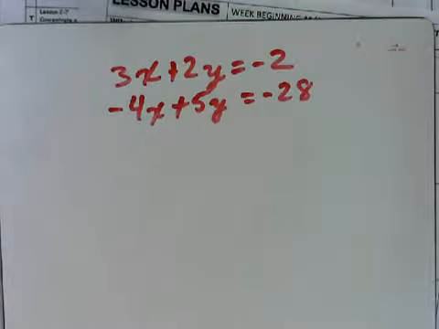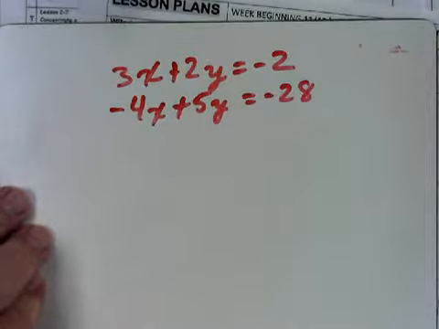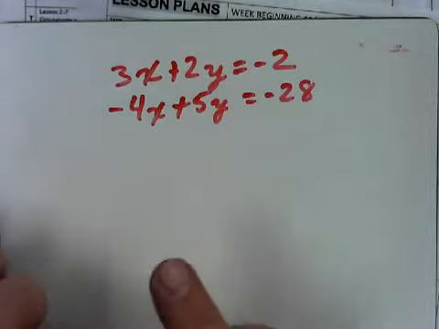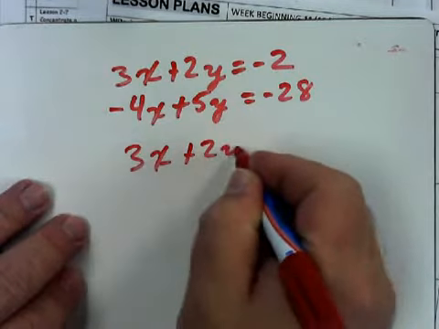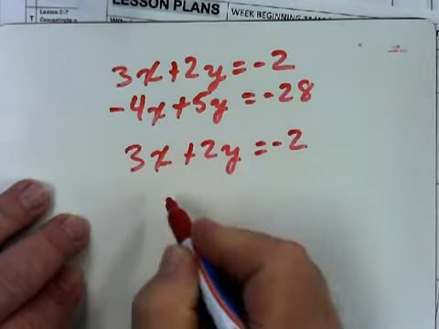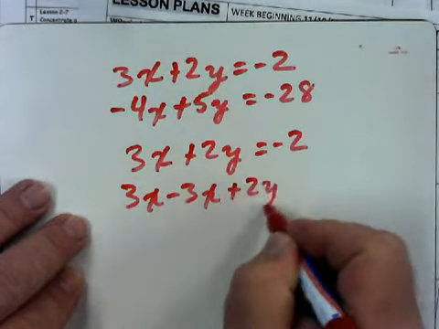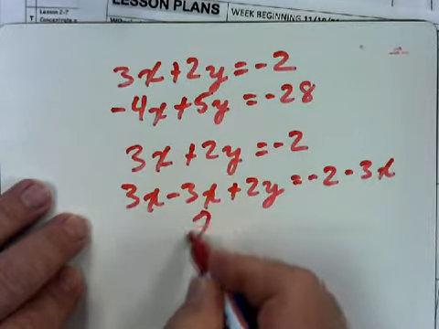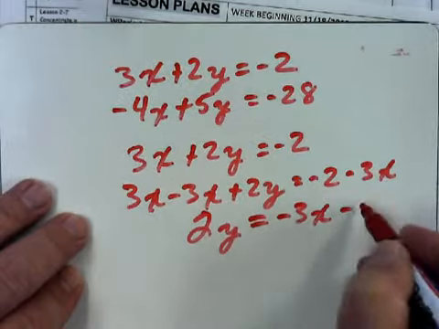So in order to put the first equation into slope-intercept form, what do I need to do? Subtract 3x. So I need to take 3x plus 2y equals negative 2 and subtract 3x from both sides. Right now I would have 2y equals negative 3x minus 2.